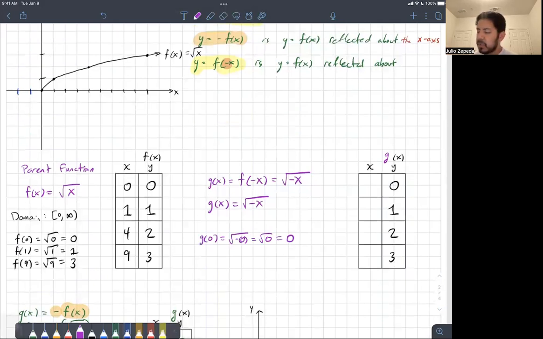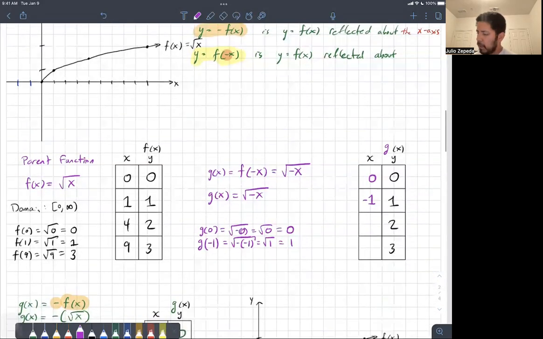Well, we would have to take the square root of 1, but since there's a negative inside of the function, we're going to have to plug in negative 1. And if we plug in a negative 1, those two negatives will cancel, and we get what we wanted, the square root of 1, which is 1. So the number that we had to plug in was negative 1.